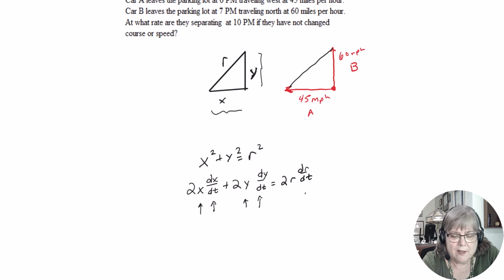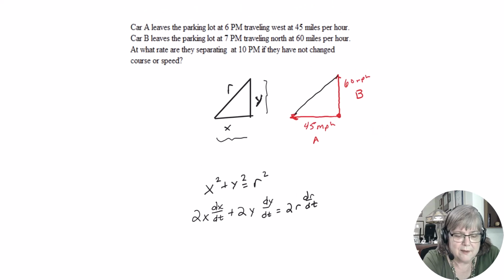And then dr/dt is what I'm being asked to find, right? How quickly they're separating. And I would need to know r. So I'm not being supplied with x, y, and r's measurements. But do we have enough information to find it?